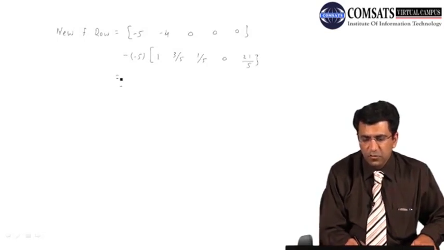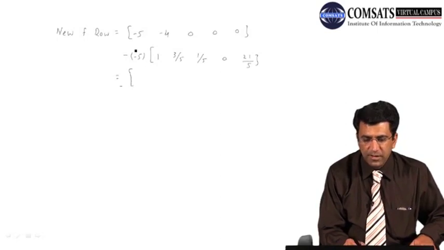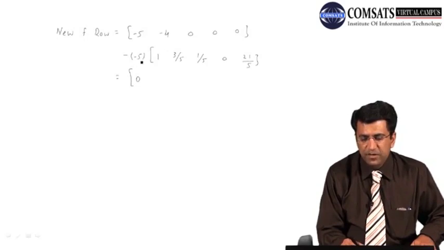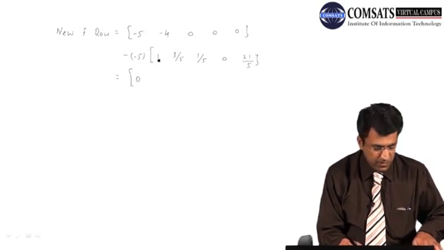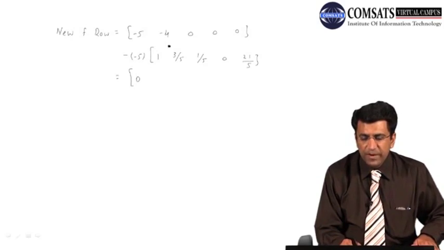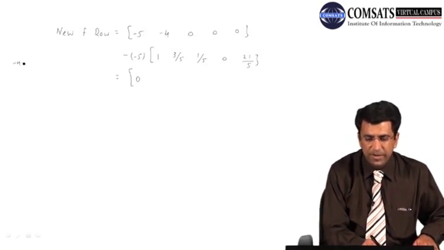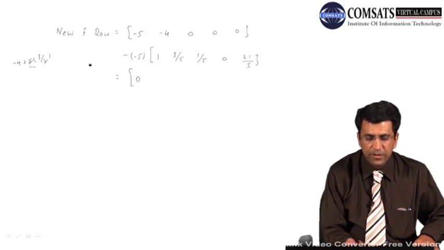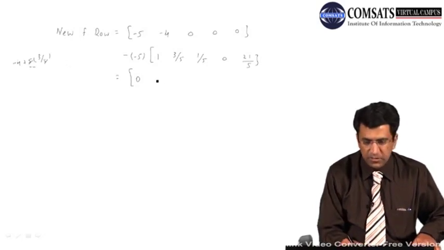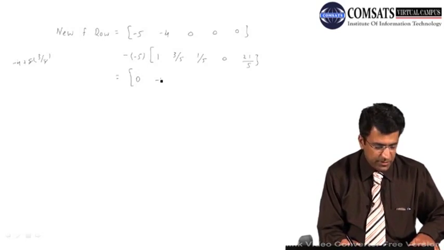So again we will solve this equation: minus 5 plus 5 will be equal to 0. Then minus 4, and minus becomes plus 5, so minus 4 plus 5 times 3 by 5. This 5 will be cancelled and minus 4 plus 3 will be equal to minus 1. So our second value will be equal to minus 1.